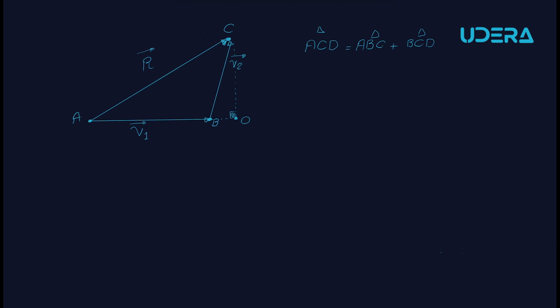From trigonometry and geometry, I can write the Pythagorean theorem for the biggest triangle, where AC is the hypotenuse: AC power 2 is equal to CD power 2 plus AD power 2.